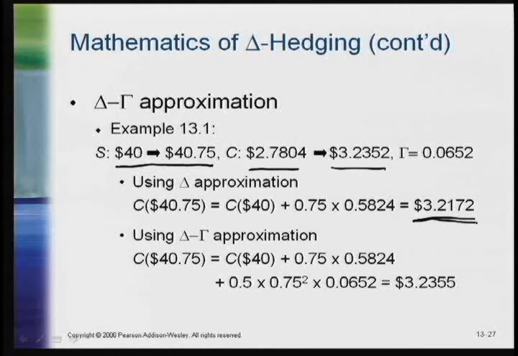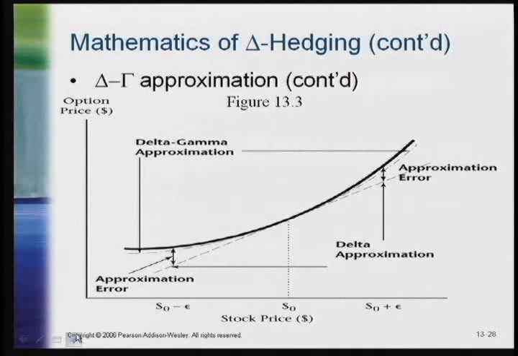Now, if we add to the delta approximation the gamma adjustment, which is that term there, we see now we get a price which is increased from the delta approximation, predictably because gamma is positive, and it's much closer. It's just a little bit too high, but it's much closer to the value that we actually calculate. So the gamma approximation helps, and here's a graphical depiction where, again, here's S0, the tangent line is the delta approximation, and then we have an error.